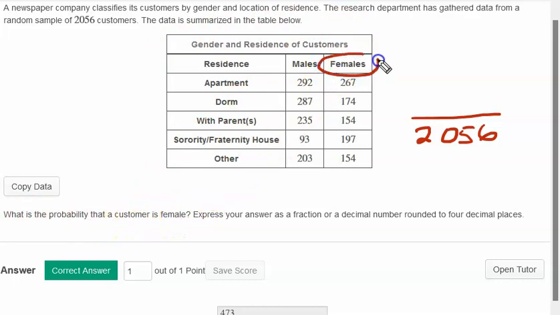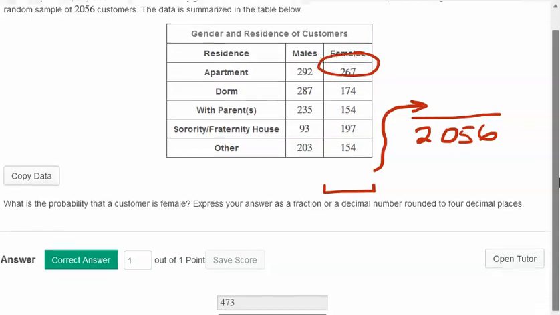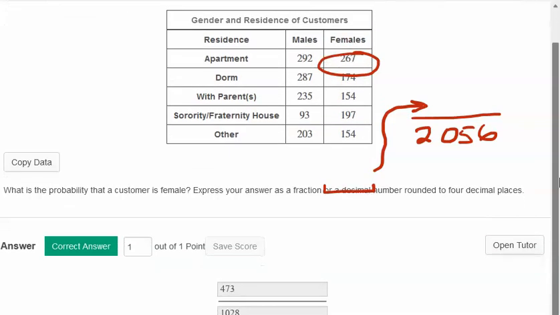So you're going to go to the female grouping, add these up, get a total, and then that total over your sample space, and then reduce it to lowest terms. And if we go down a little bit, we'll see the answer.